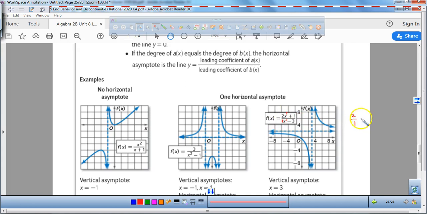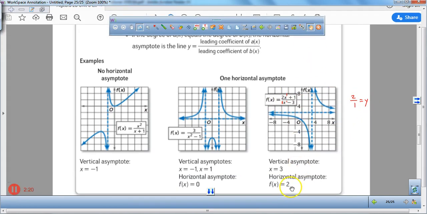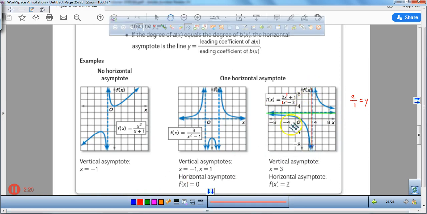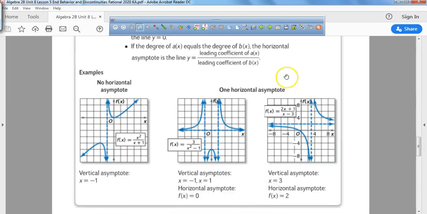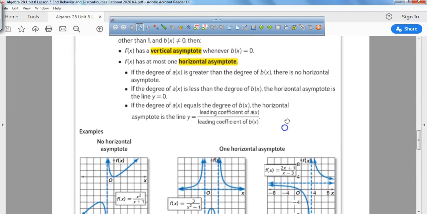There's the 2 divided by 1, and that gives you your horizontal asymptote. That's why the horizontal asymptote is at 2. So the horizontal asymptote is this one right here at 2, and the vertical asymptote is right there at 3, because 3 minus 3 is 0. So those are the 3 rules for horizontal asymptotes.